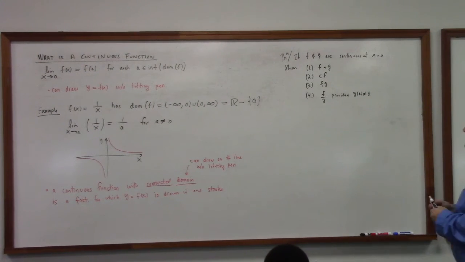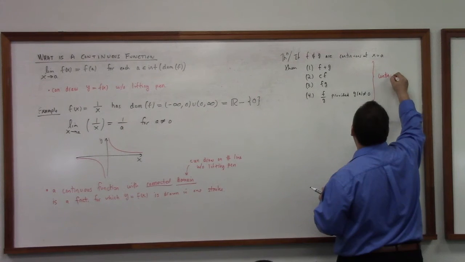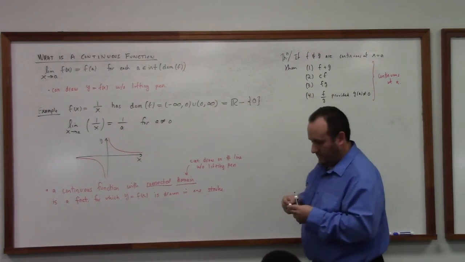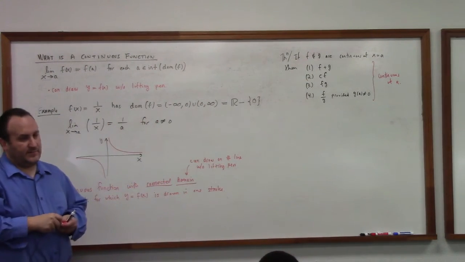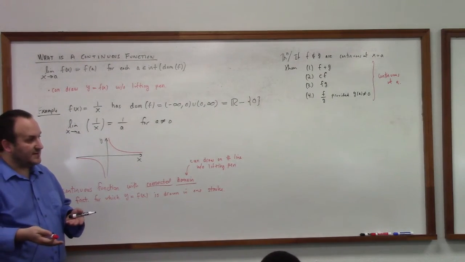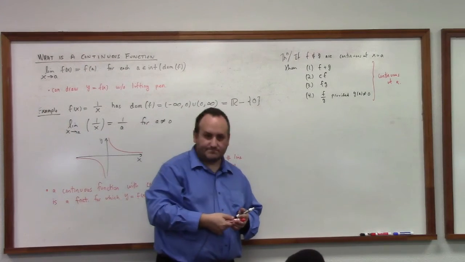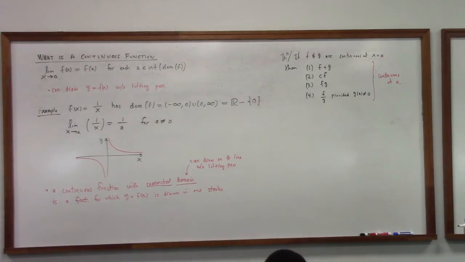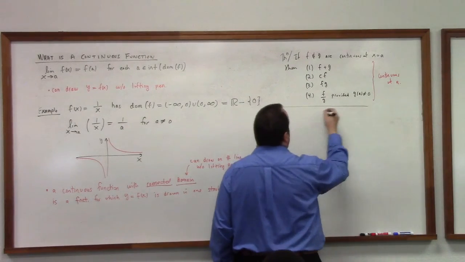Continuous at a. So we can build new continuous functions from old by adding them, multiplying by a number, multiplying the functions, and even dividing the functions. What's the proof? How would you prove that?